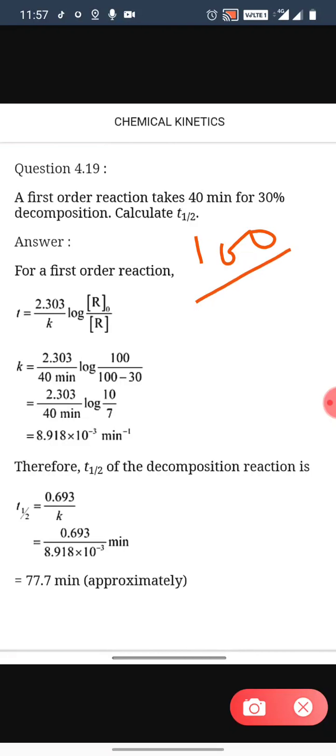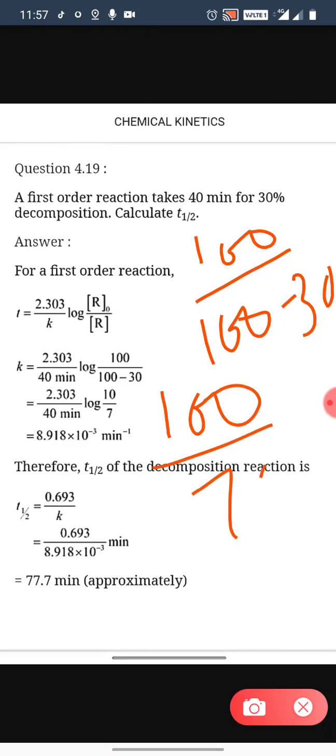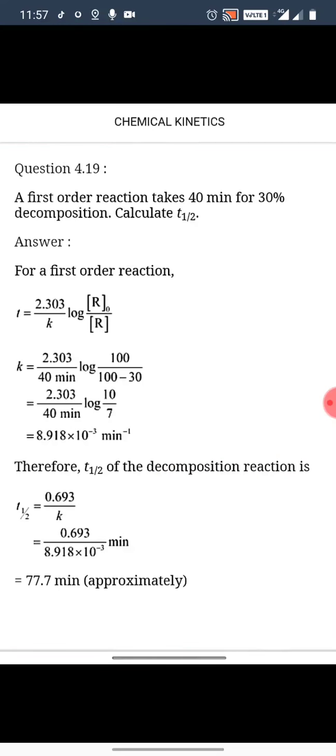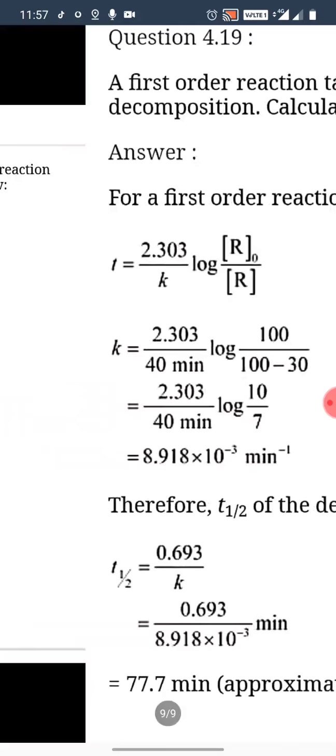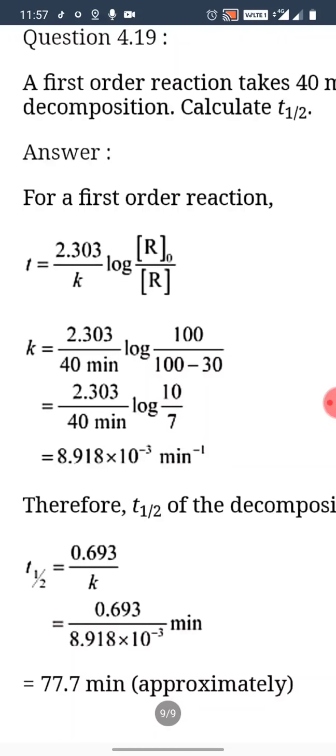Then the leftover will be 100 minus 30, because it has already undergone 30% dissociation. So the leftover will be 70. So the equation will have A0 upon A value as 100 upon 70. Now using the first order equation which I told you to remember, t is equal to 2.303 upon K log A0 upon A. Now substituting the values, as you can see here, everything is given.